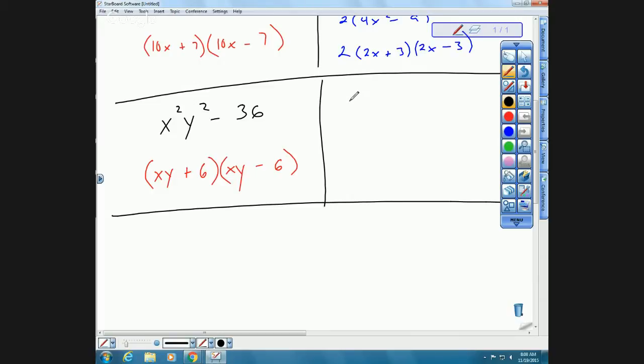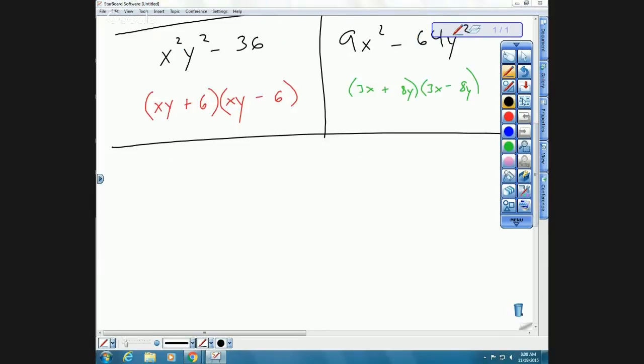There are also ones like 9x squared minus 64y squared. Same idea on this one. 3x times 3x is 9x squared. 8y times 8y would be 64y squared, so a plus and a minus.